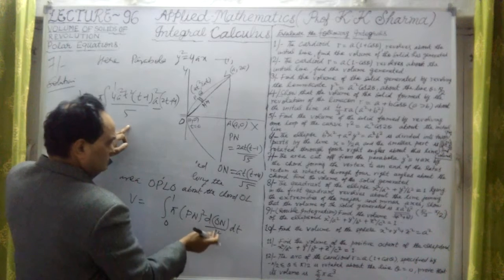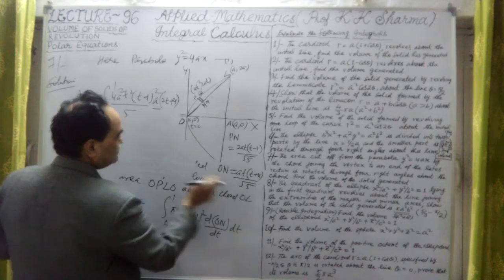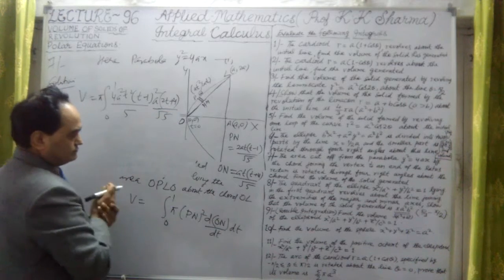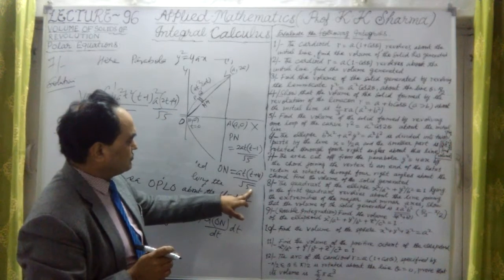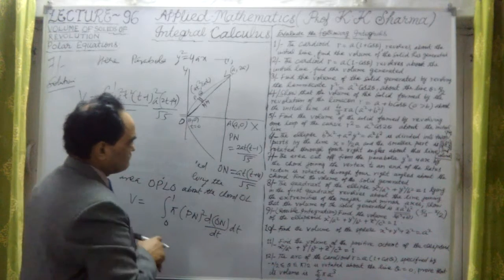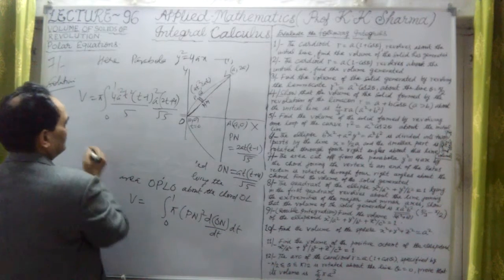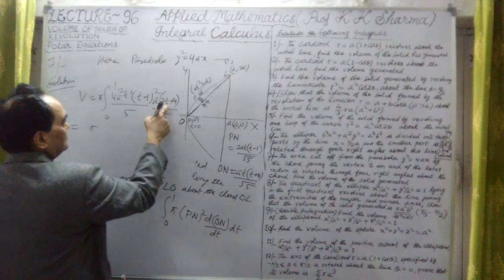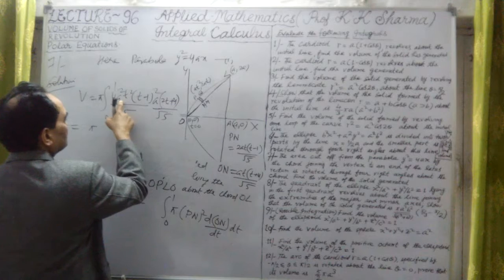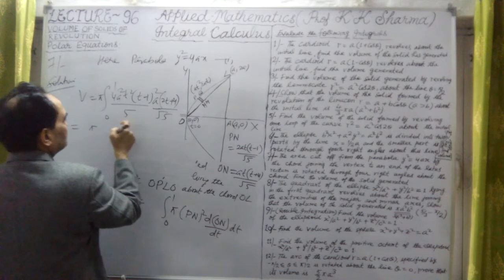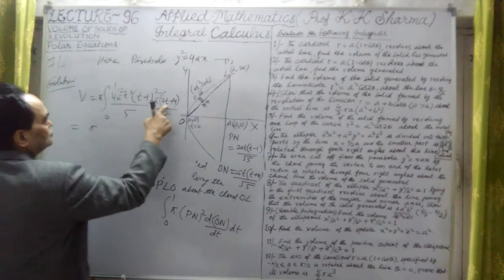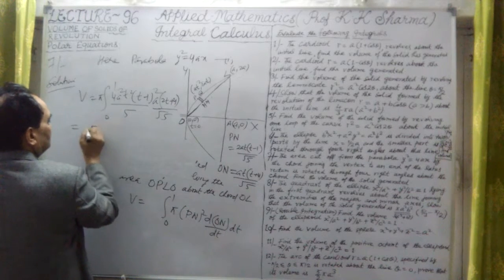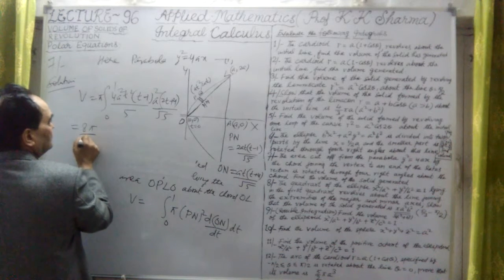Here ON is also upon under root 5, so this is under root 5 here. This will give us pi. Now if I take a square outside, it will come out as 4. This 2 also will come out, because 2 that is 4. So if I take 2 outside, this is 8 upon 5 root 5.